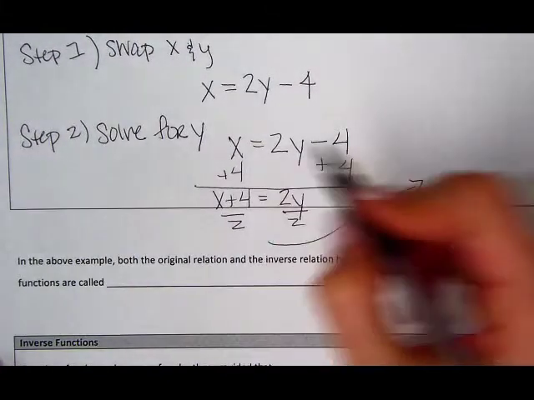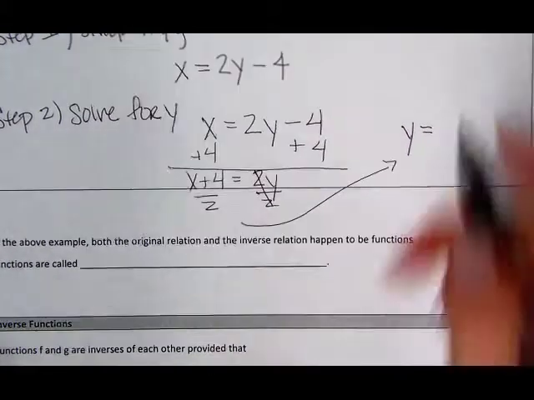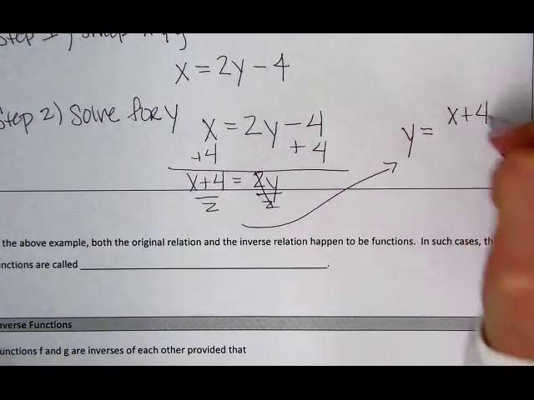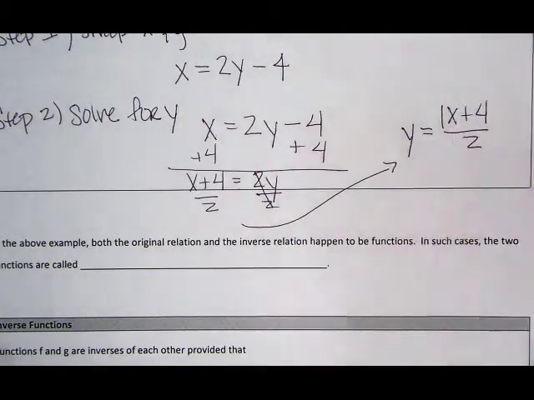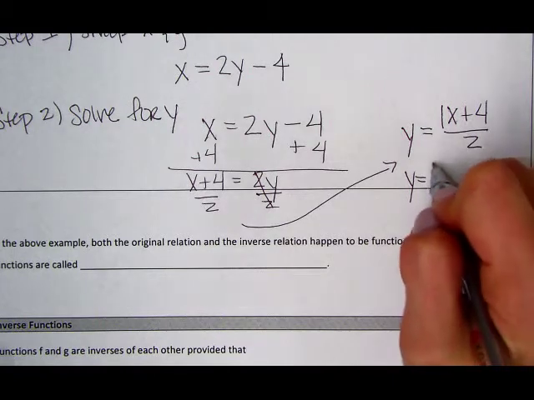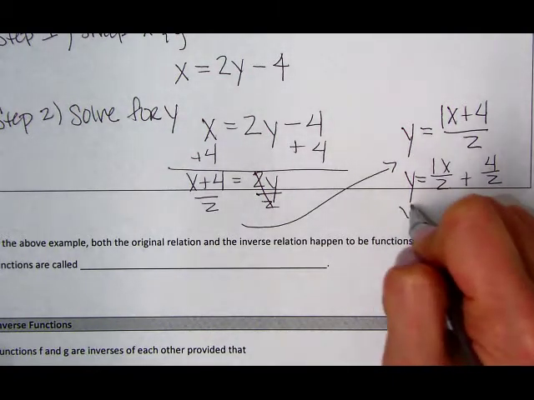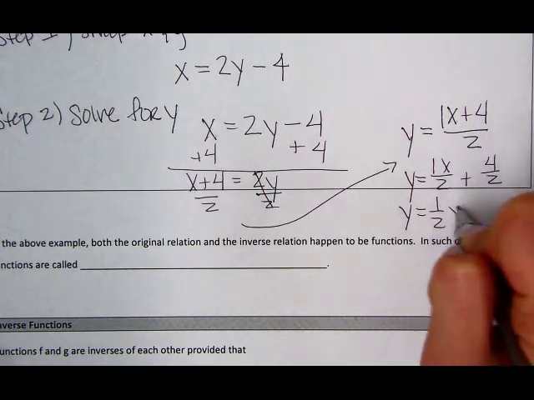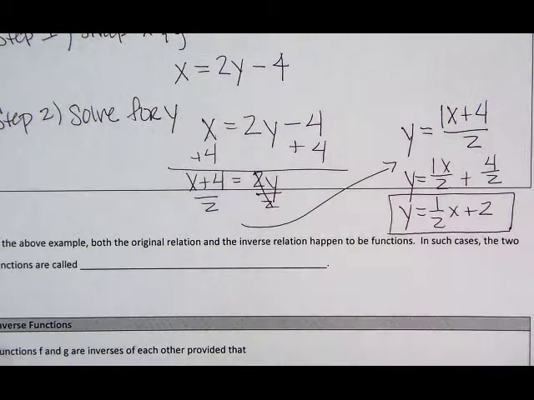If I swap this around, the 2's cancel, so I get y is equal to x plus 4 all over 2. If I separate these two, there's a little 1 in front of my x that's invisible. This is the same thing as 1x over 2 plus 4 over 2, which we all know can reduce to 1/2 x plus 2, just like we did in our group warm-up.